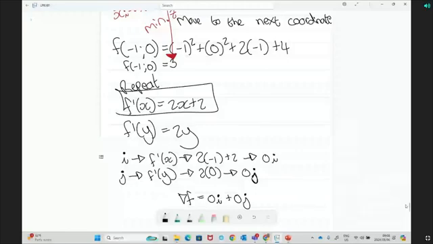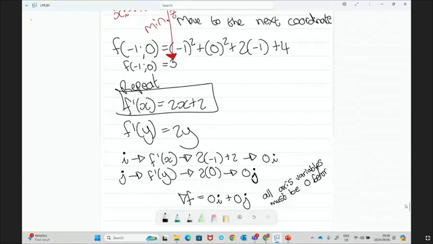So all axis variables must be 0 before you can say the gradient of the function is optimal.